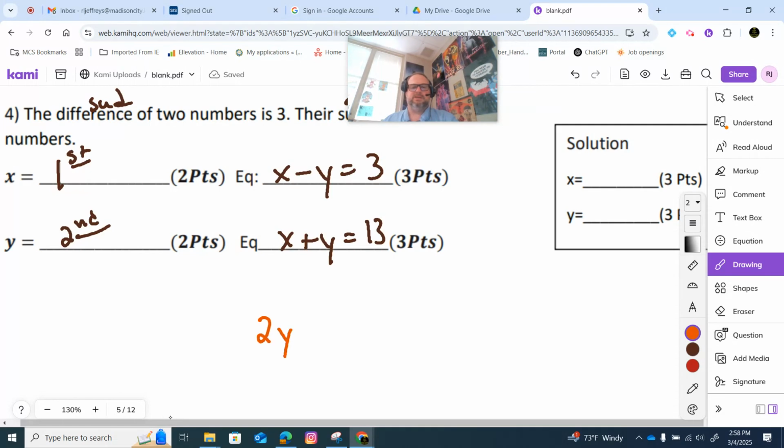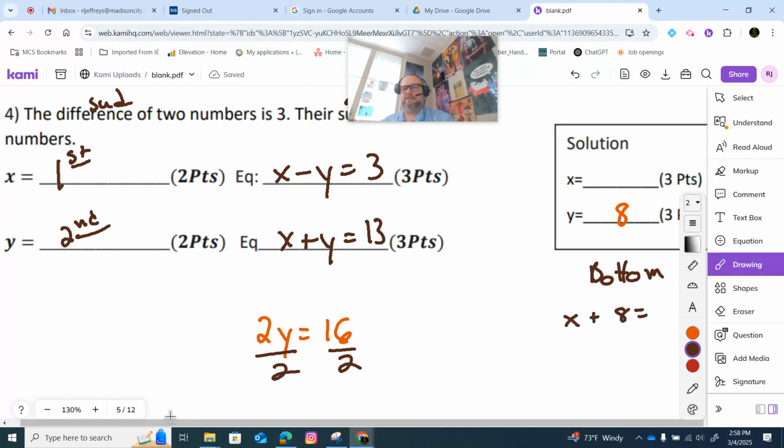So this would be 2x equals 16, so x would be 8. And then I would use the bottom: x plus 8 equals 13, and this would be 5.